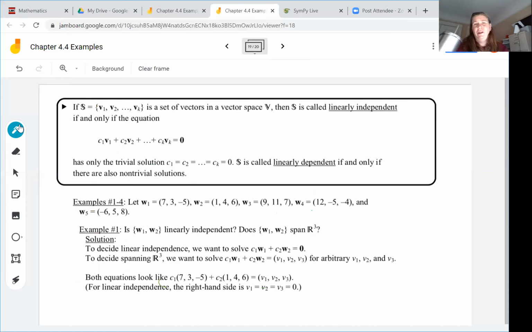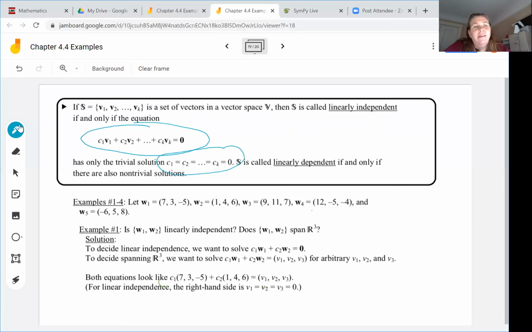So here's our definition of linearly independent. If S equals vectors V1 through Vk, a set of vectors in the vector space V, then S is called linearly independent if and only if this equation C1 times V1, where the C's are scalars, plus C2 times vector V2 all the way through adding Ck times vector Vk equals 0 has only the trivial solution where all the scalars are 0.